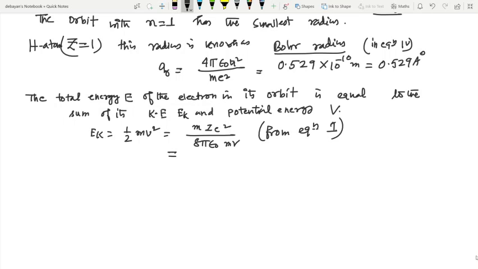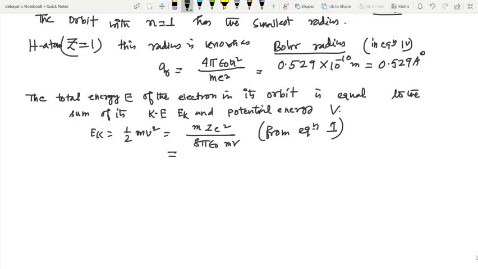So if you make a simple calculation, it should be Z e square by 8 pi epsilon naught r. That is equation number 6, where we get the kinetic energy.